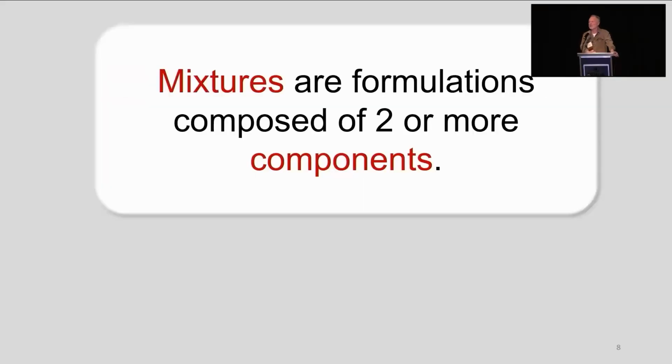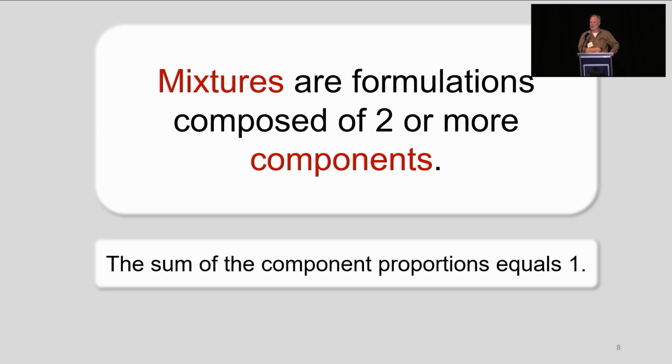Okay, mixtures are formulations that are composed of two or more components. And you're going to hear the word components, not factors. The word factors does not apply to mixtures. They only apply to, quote, factors that are independent, and we'll talk about this.